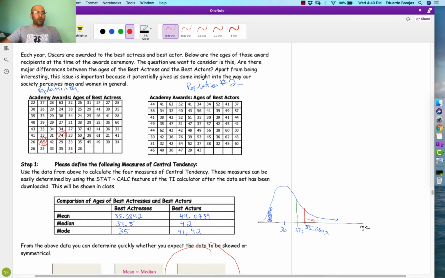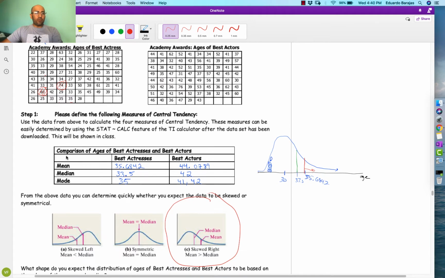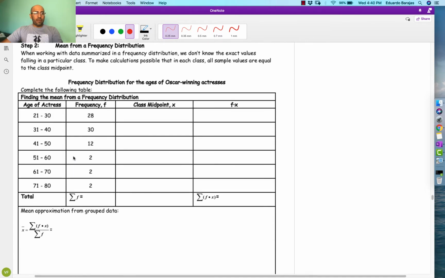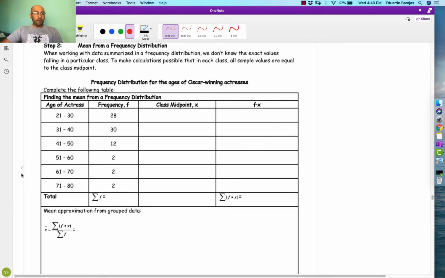Twice, two women won the Best Actress Award, and their ages land them in this category. One of them was 80, one of them was 74. The 80-year-old gets tossed into this category, 80 and 74. These ladies go into this category right here, and that's why there's a 2 right there.